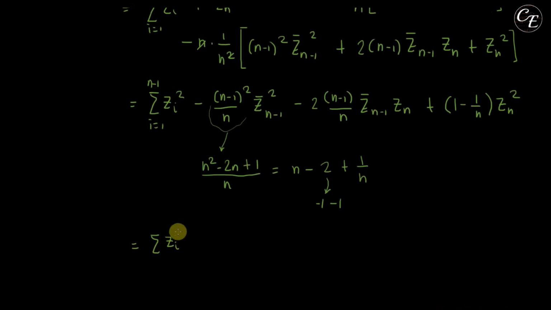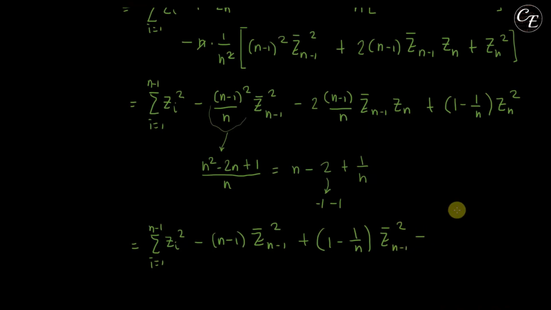So we will have here summation of z sub i squared from i equals 1 until n minus 1, and then minus this n minus 1 z bar n minus 1 squared, and then negative of negative 1 plus 1 over n, which is plus 1 minus 1 over n, and then z bar n minus 1 squared minus 2 times n minus 1 over n, then z bar n minus 1 z sub n, and then plus 1 minus 1 over n z sub n squared.